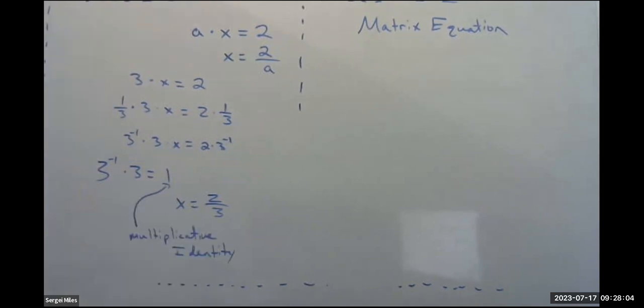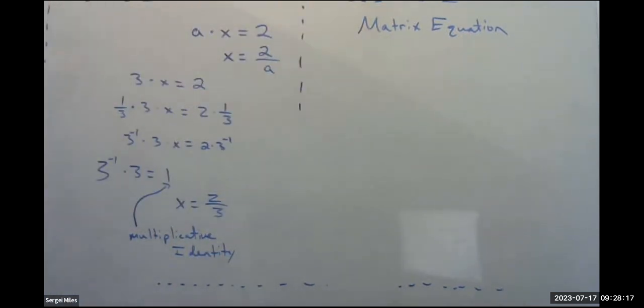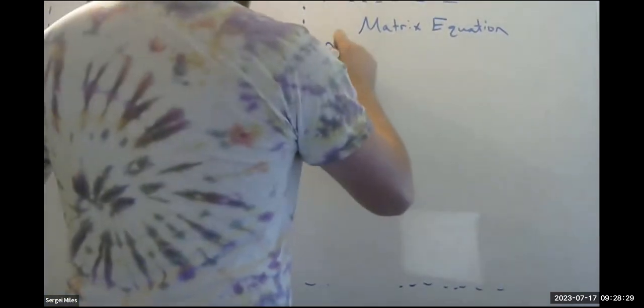In other words, for any real number, if you take 3 times its reciprocal, 1/3, you're always going to end up with 1, the multiplicative identity. Well, the same thing is going to happen with matrix algebra, except instead of equaling 1, it's going to equal the multiplicative identity for matrices, which is the identity matrix, right? So now we have our definition. Let's write this out.